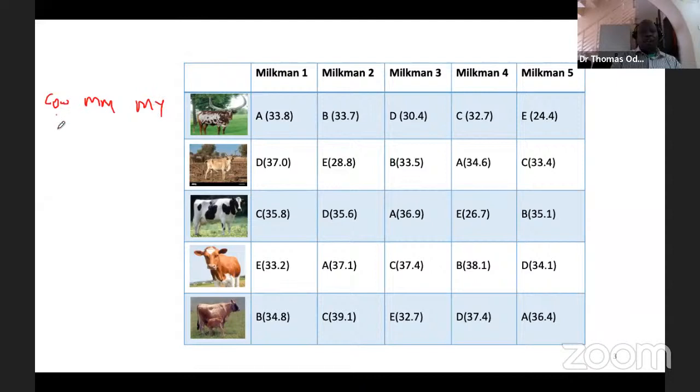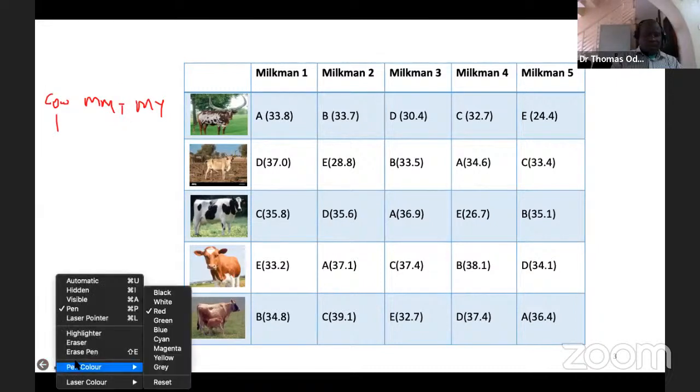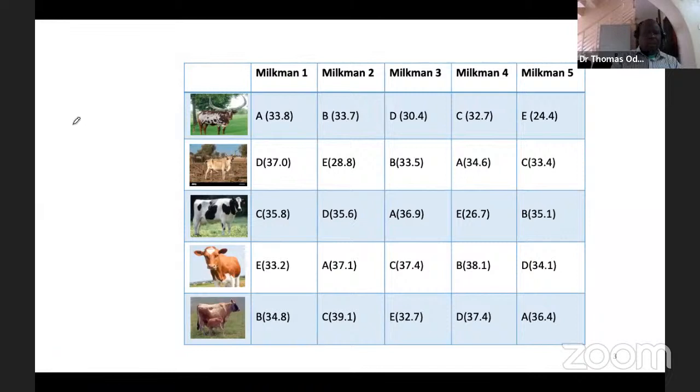So here we have cow number 1. We also need treatment rather. So we need treatment. Okay, let me first wrap a bit of this. So here we'll have our cow, and then we have the milkman, let me put it as MM.